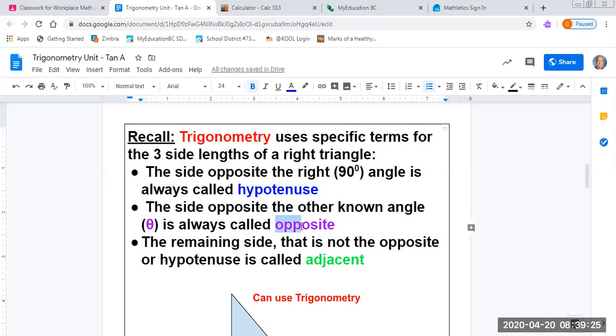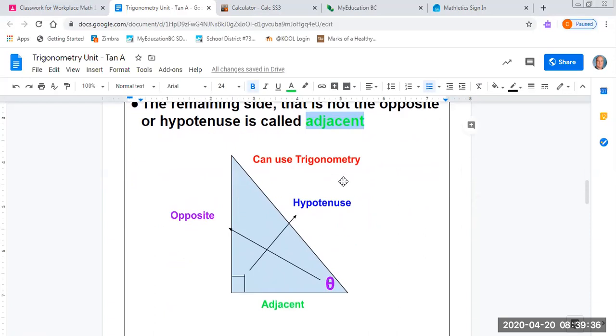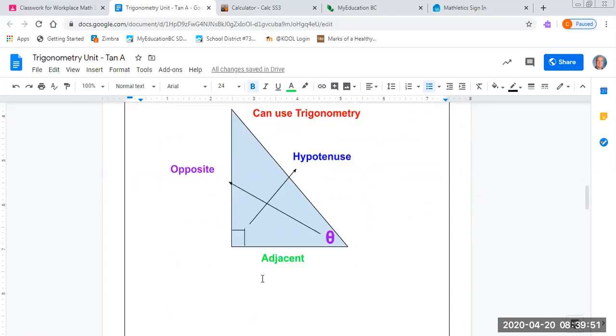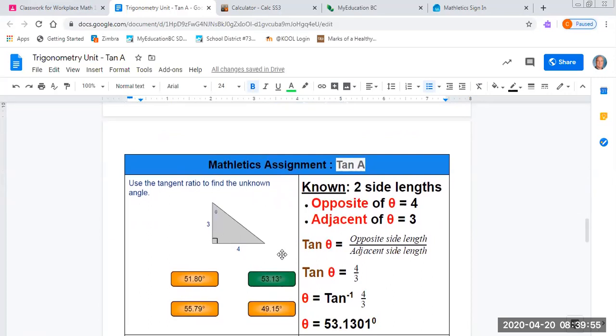The side that is directly opposite the angle that we are told, the theta angle, is called the opposite, and the remaining side is the adjacent. So let's take a look at tan, which deals with opposite over adjacent.